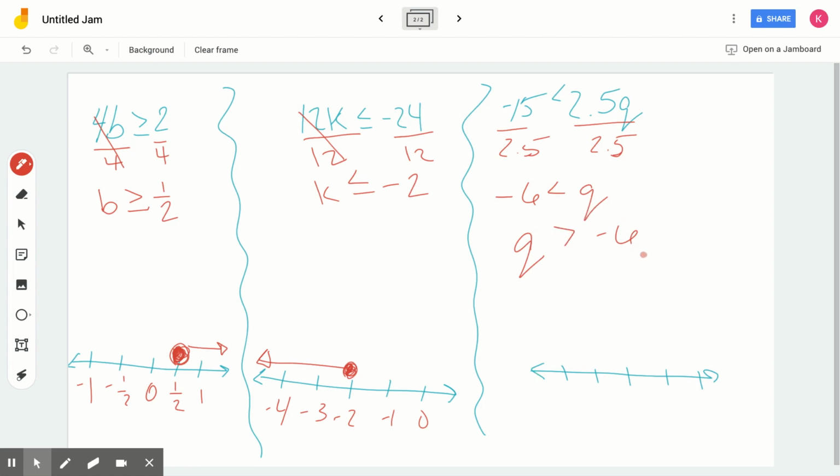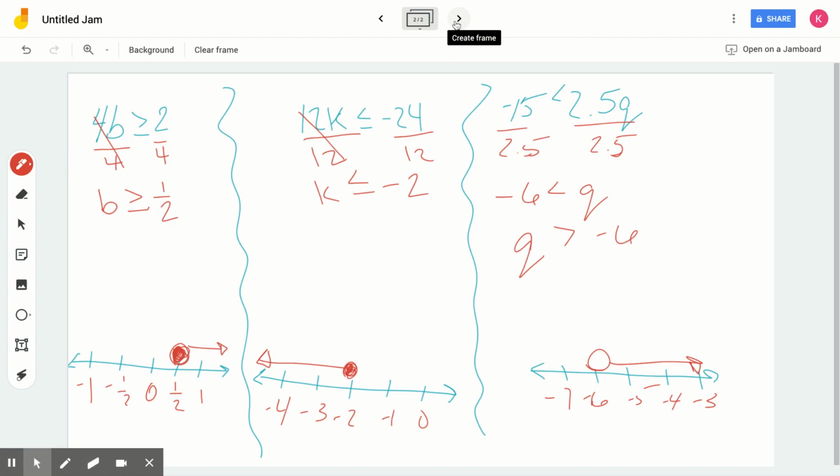So q is greater than negative 6. We're going to use an open circle since it can't be equal to negative 6. So shading to the right. Now notice here, each time we divided by a positive number.